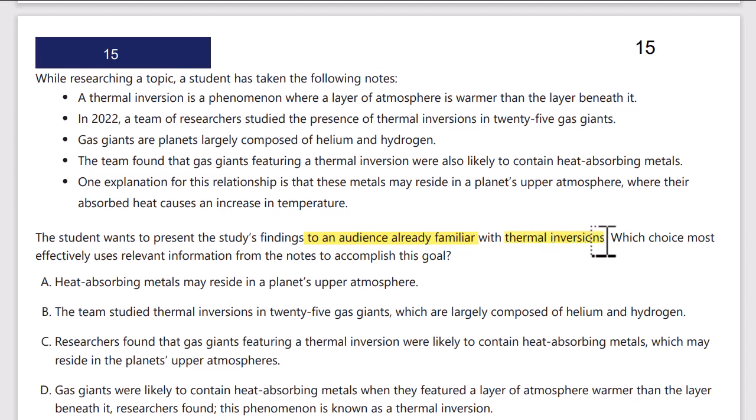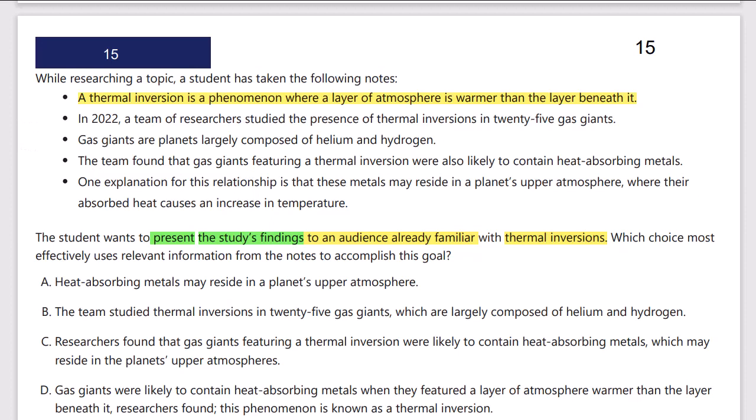It's an object or a thing or something else that they should be familiar with. Notice the prompt, the second condition that's there, it's presenting, like in the previous example, but in this case, it's presenting the study's findings. So a particular detail or attribute of something else that has to be presented. So keep these in mind. These will be our goals.